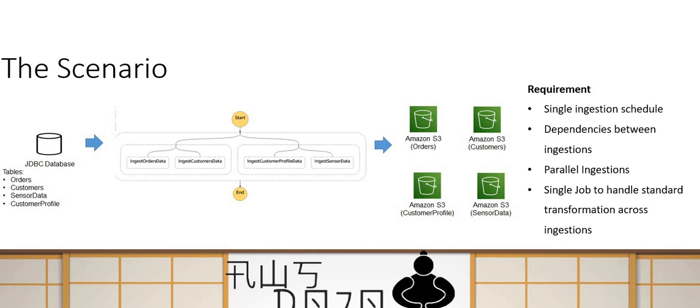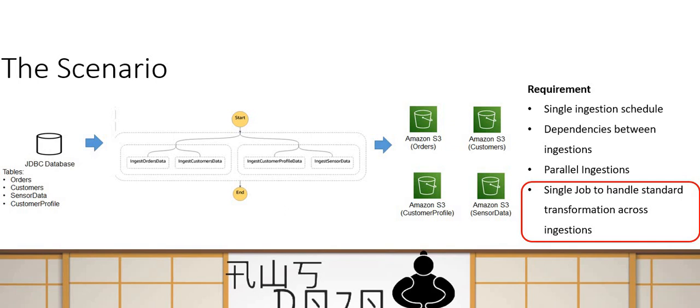But this is the last point where I want to focus today. There are methods where, even if you're using a single job, you can handle multiple transformations. What I mean is that in the previous tutorial I talked about how people going for a single pipeline will generally have a standard transformation across different ingestions.